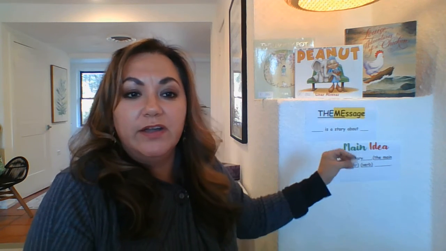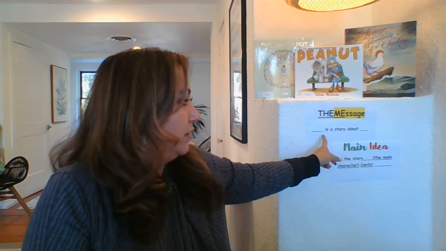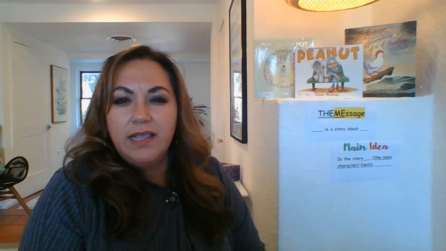And so it's a little bit longer, a little bit more detail without having too much detail, but it's very specific to this story. Whereas belonging, a story about belonging, is a very generic statement that could go with a number of books.